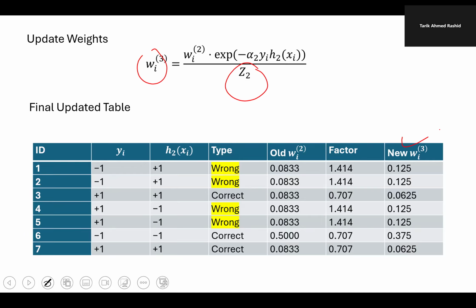Now we find weight 3 in iteration 3. So these are the weights. That's wrong, and you can see they are big. Here is correct.